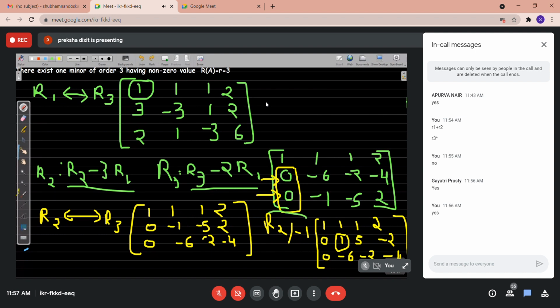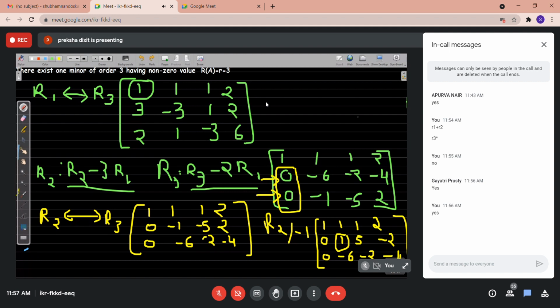So the next transformation that we have performed is R2 divided by minus 1. You can see here in the next updated matrix that the entire row 2 has been divided by minus 1. We have got 1 at the diagonal position of row 2 and column 2. Can you see that in the updated matrix? Okay.